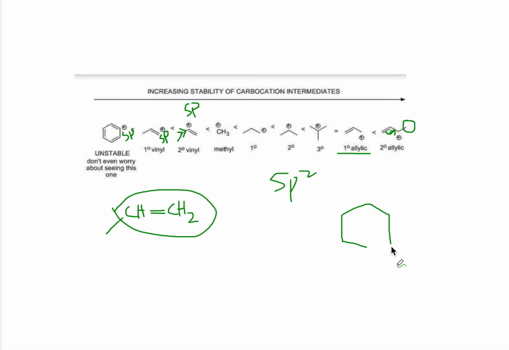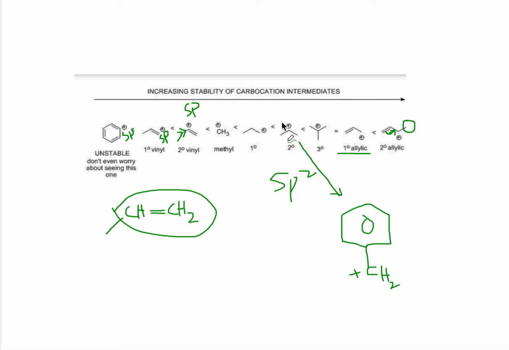This benzylic carbocation has CH2, a methylene with a positive charge to indicate the carbocation. This benzylic carbocation is a primary carbocation but more stable than a simple secondary carbocation.